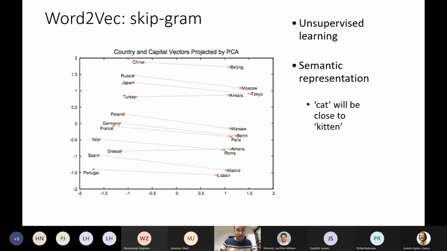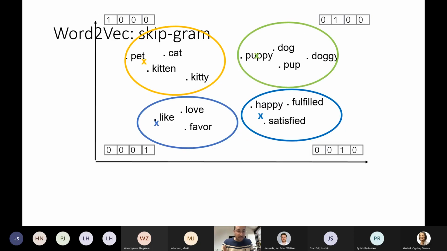In this case, it's two-dimensional space, where what we can see is that words that are similar to each other will end up close to each other. That is one of the very nice properties. For example, here, cat, kitten, and pet end up in close vicinity, close neighborhood.